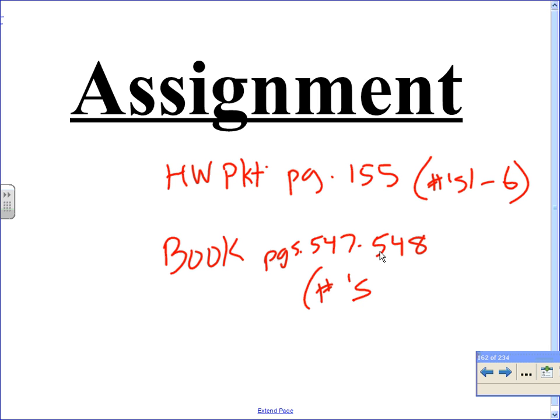Numbers. Give me a second. Shh, quiet. 3 to 5. 14 to 16. 20 to 23.